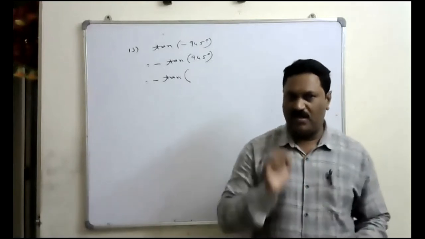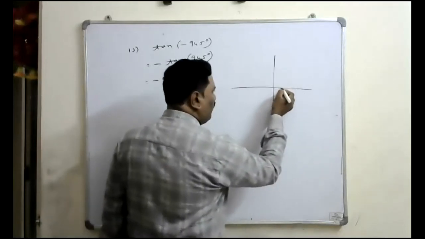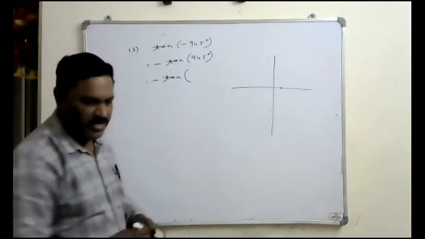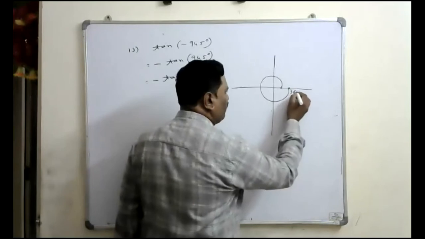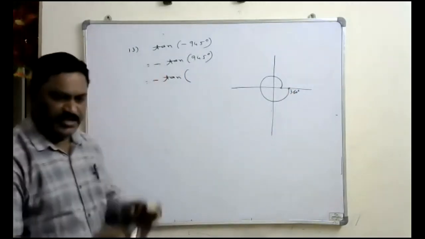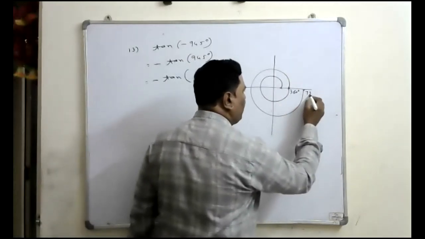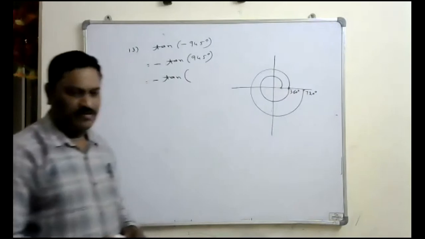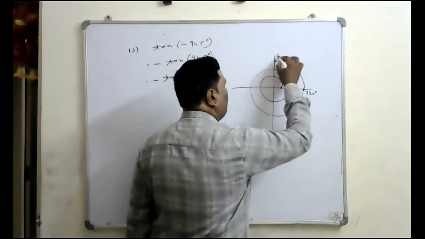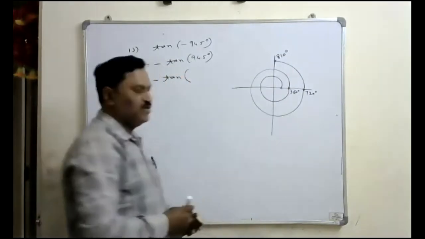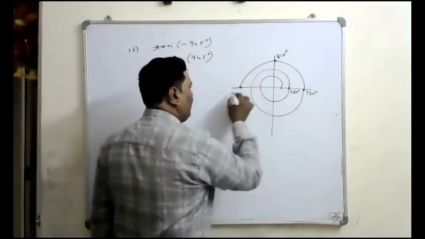Whenever you find a somewhat bigger angle, express that angle in terms of its nearest quadrant angle. So just look at this. What is its nearest quadrant angle? While measuring the angle, I will start measuring from 0 degree. If I complete one rotation up to here, this is an angle of 360 degree. Then if you complete the next rotation up to here, this is an angle of 720. 720 plus 90, that is 810 degree. 810 plus 90, that is 900.